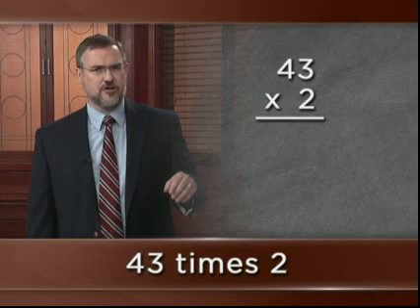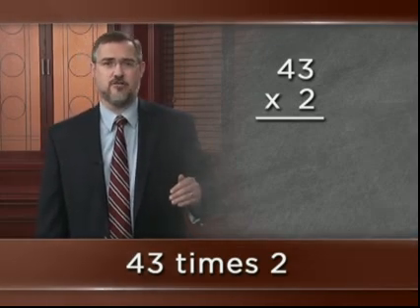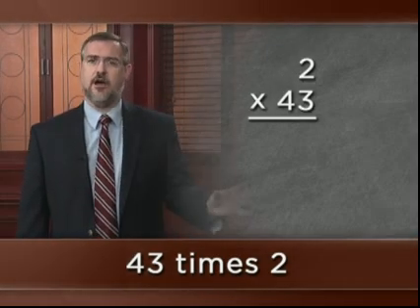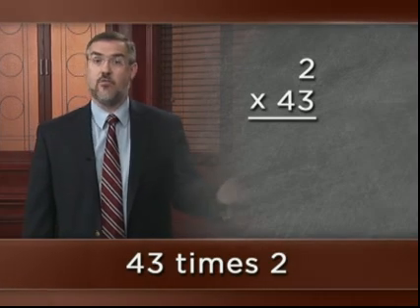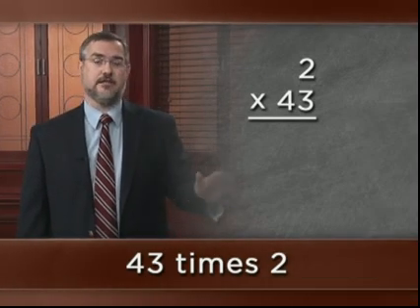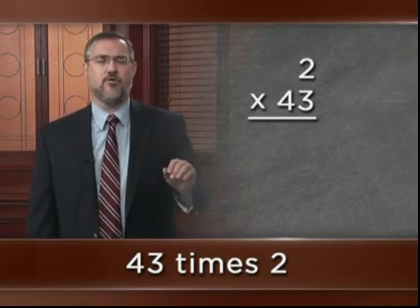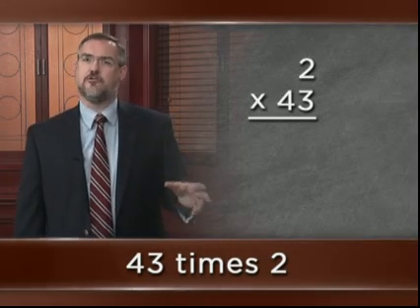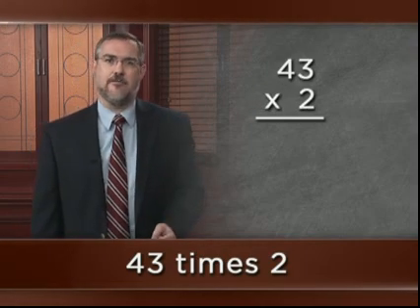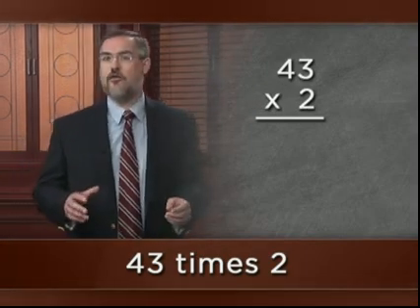Now, also, this problem is the same as writing 2 times 43, and it could be worked out in that way. It would be perfectly legal to do so. However, I think it's always helpful in multiplication problems to put the larger number on top and the smaller number on the bottom.